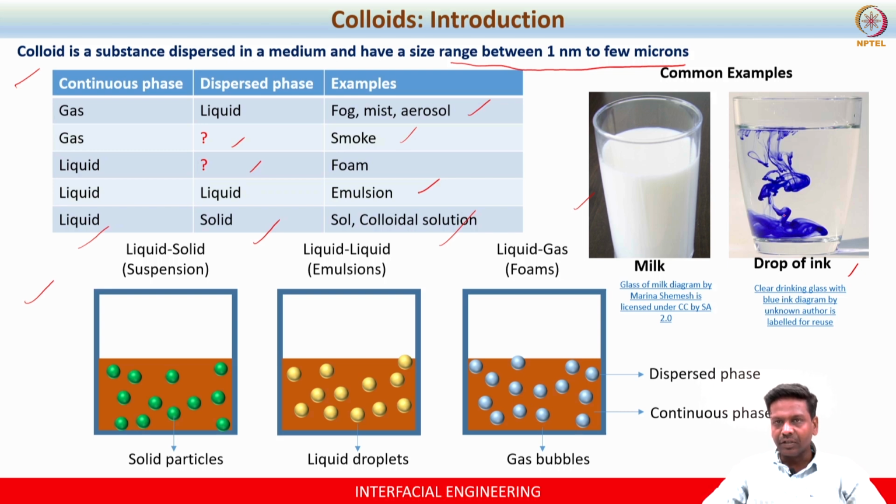So it can display the Tyndall effect. This system can respond to the Tyndall effect, and it can scatter the light. That's why this glowing color comes because of the Tyndall effect.